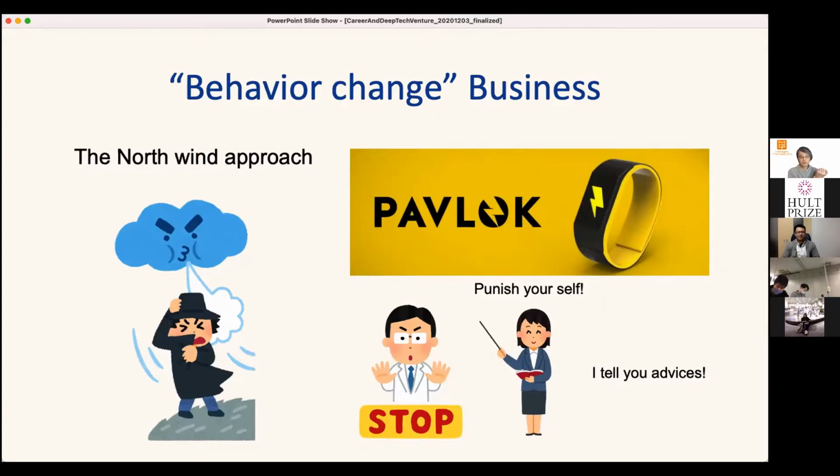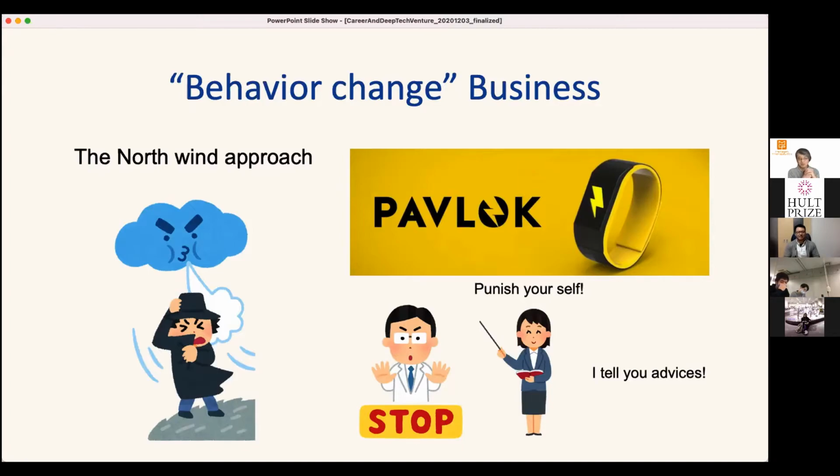The mechanism is simple. It has an electric shock, and if the user eats potato chips, they push the button and feel a very painful electric shock, and that will train the brain of the user not to feel good by eating potato chips. So it's a negative Pavlov's dog type of approach.